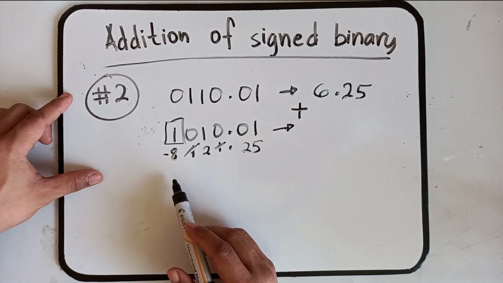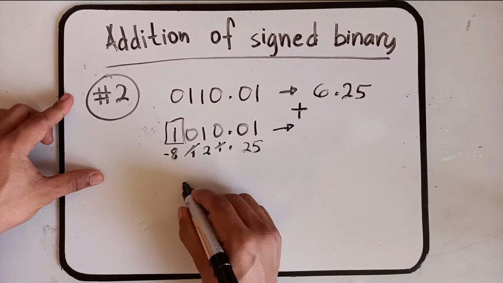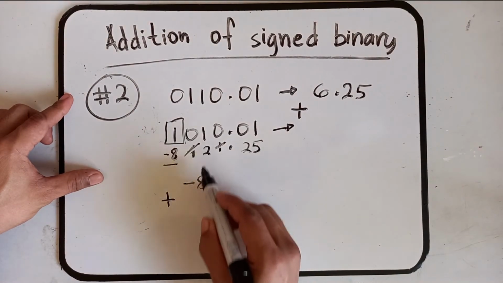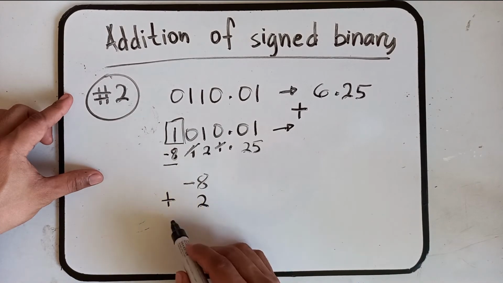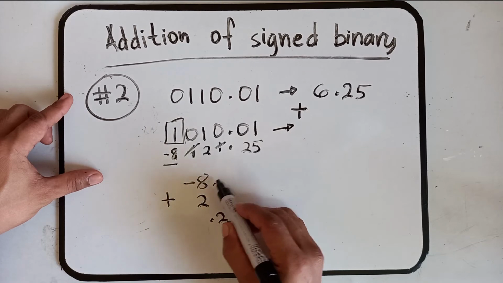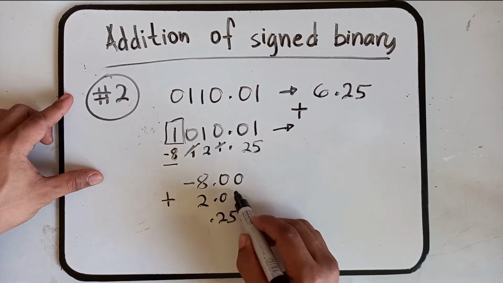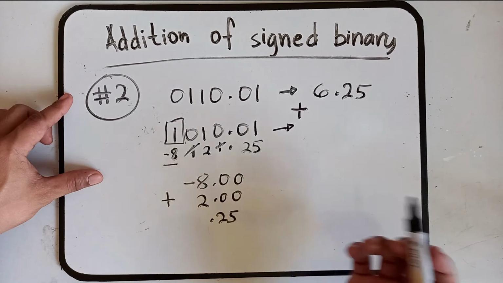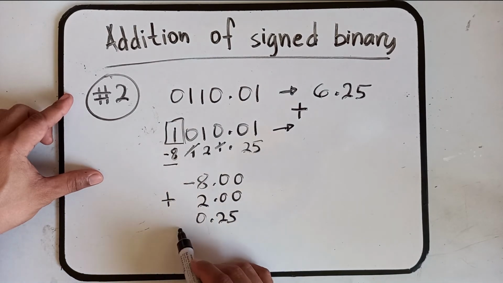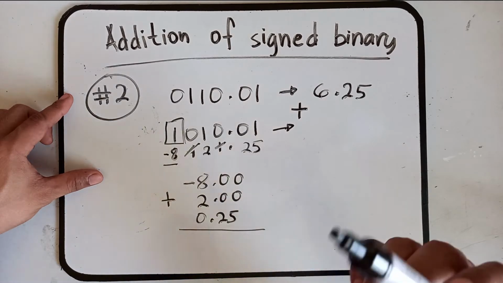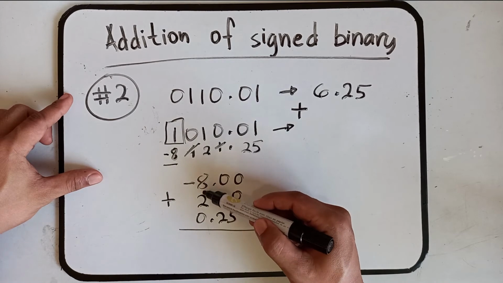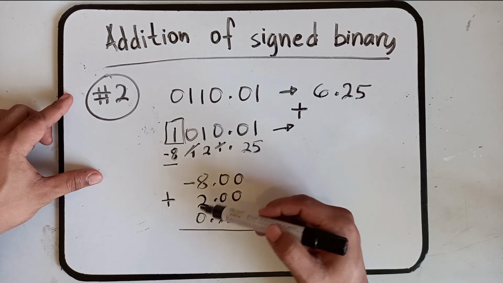All right, so let's continue adding. Negative 8, this one, plus positive 2, plus 0.25. Okay, so let's pad this with 0 so that we'll be able to identify which column belongs to which column. And let's pad this with 0 also. So let's add. Adding this becomes negative 6.